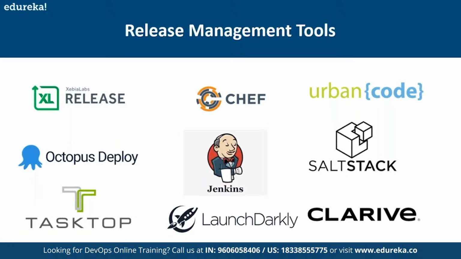These are the 9 industry standard tools; some are open source, some are paid software. Jenkins, for example, is widely used in industry for release management. Jenkins is totally open source. It means anyone can download Jenkins and use it for their release management.